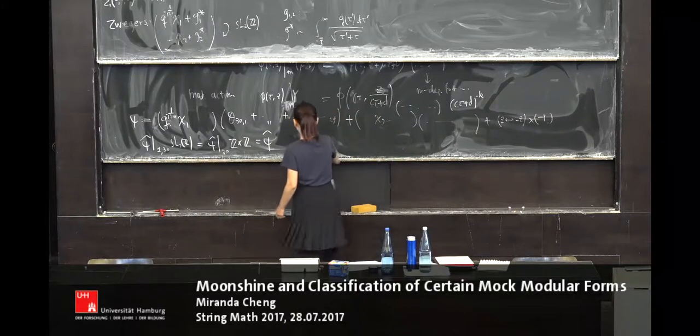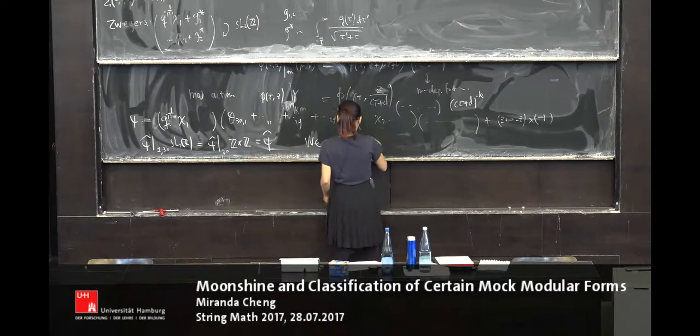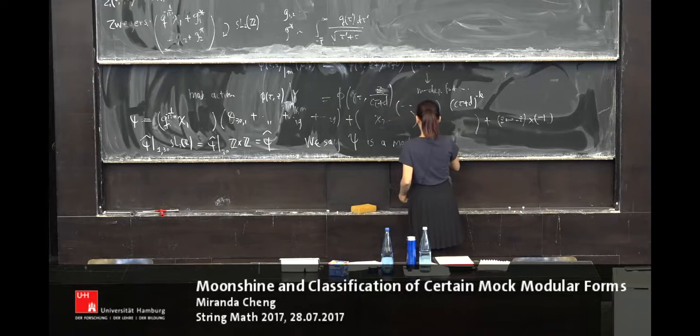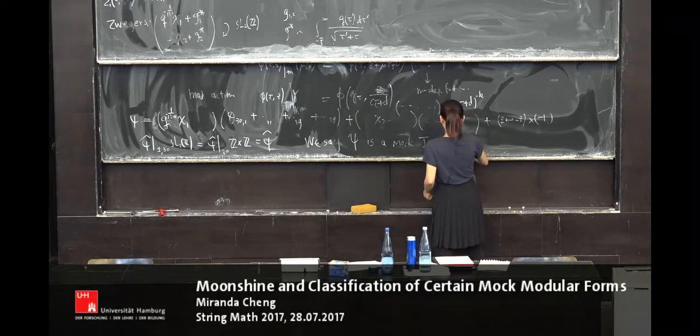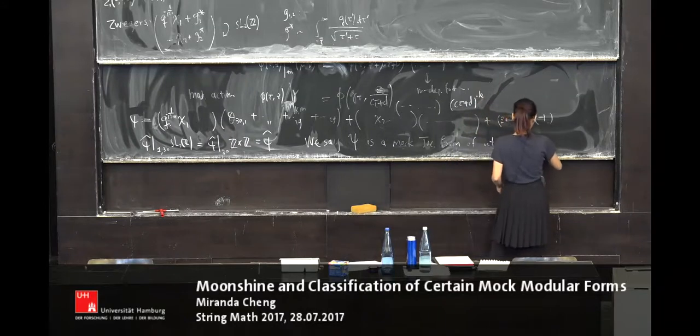Then we say this phi is a mock Jacobi form of weight 1 and index 30.